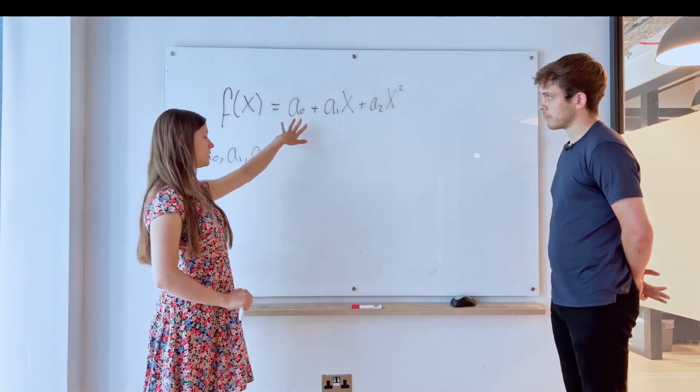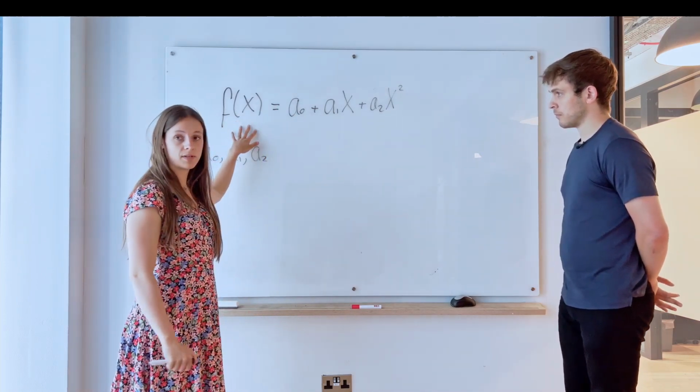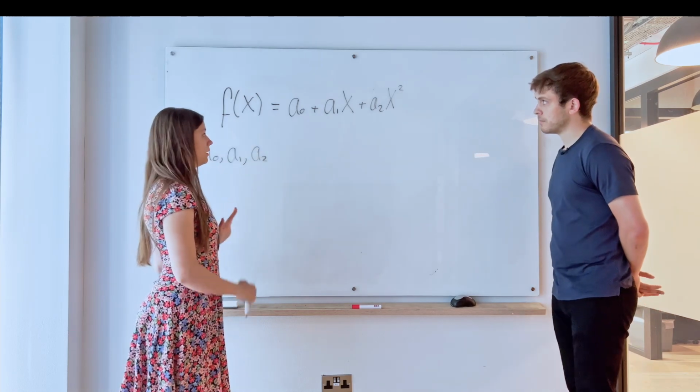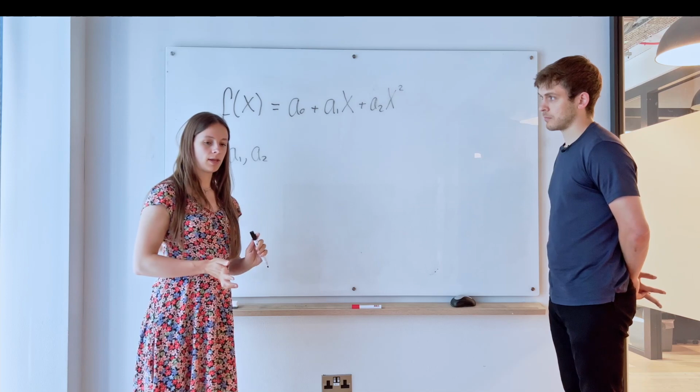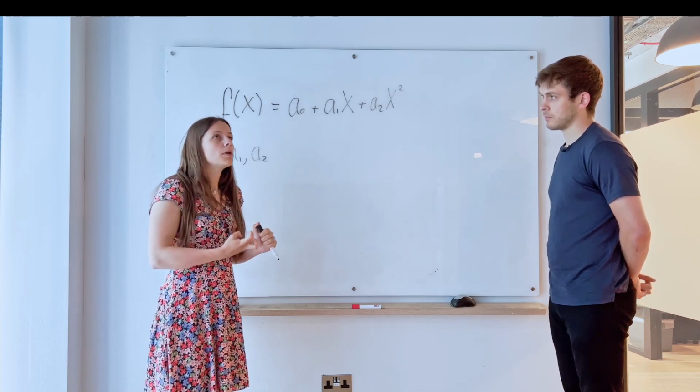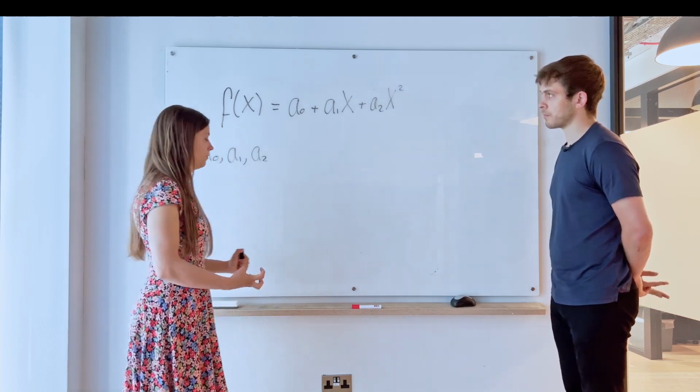I would say that this basis is very good for some settings, but actually often in the settings that we're working in, it's not necessarily the best way. And the reason is because it's a little bit more complicated to open, right?